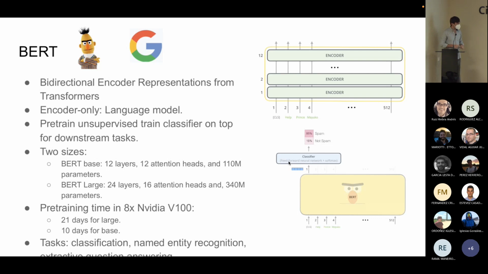We can see here the training time on 8 very powerful GPUs, the initial training time, not the fine-tuning training time: 21 days. It is really, really big. It makes this kind of model unaffordable for small companies or research centers. Only the big players like Google and Facebook can pay for this computing power.